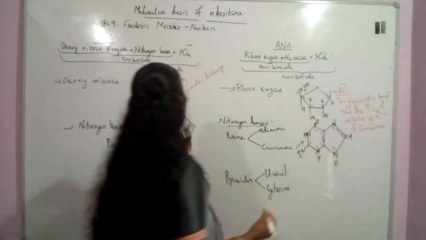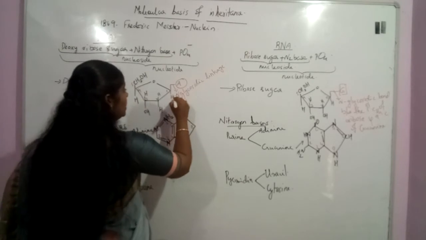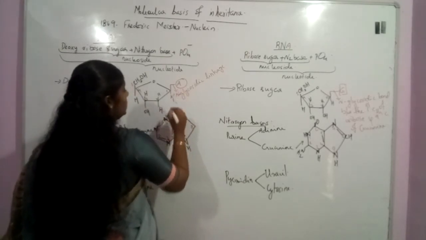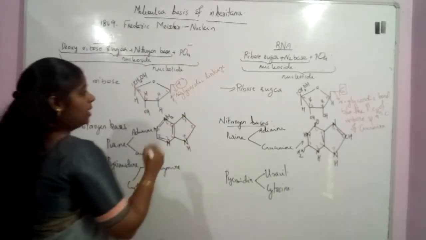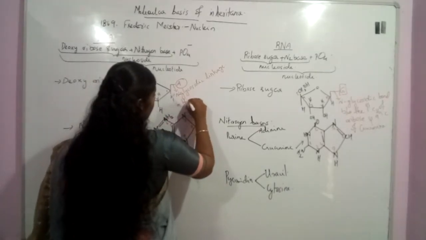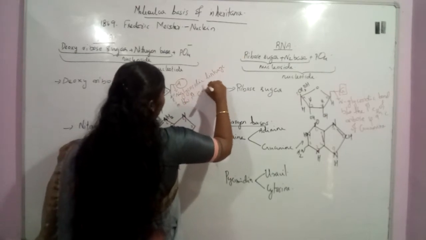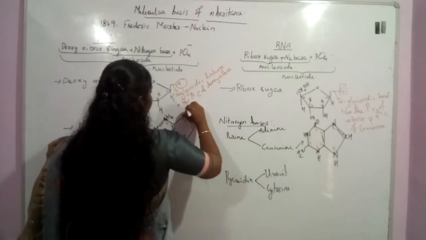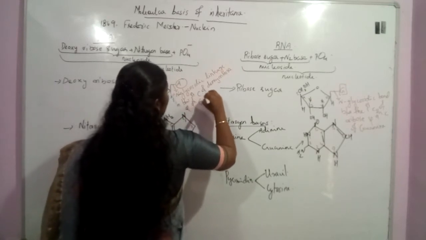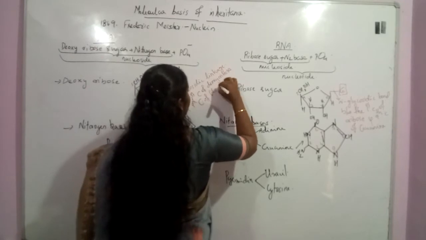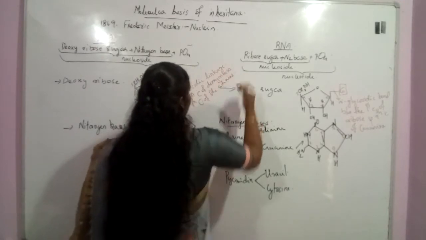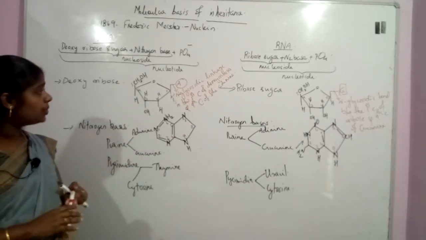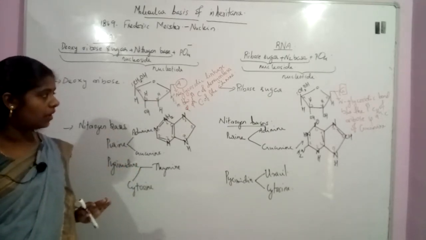Similarly, the N-glycosidic linkage is present between the first carbon of deoxyribose and the 9th position of adenine. Okay, is it clear? This is the formula when deoxyribose sugar and adenine join.